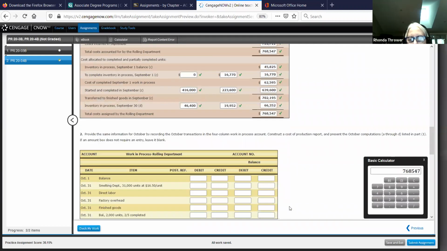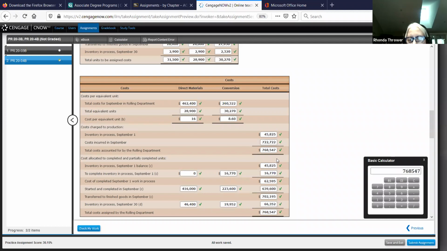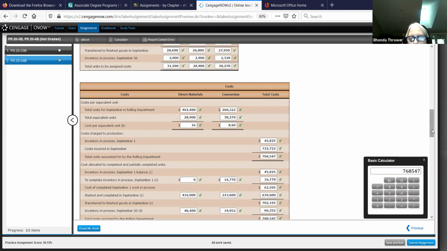Notice this has to balance with this because we reconcile this cost by splitting them up, and it has to be the same amount here. So that's your cost of production report for this month.